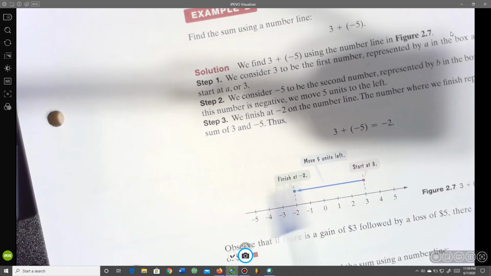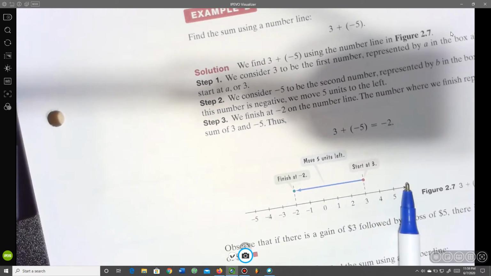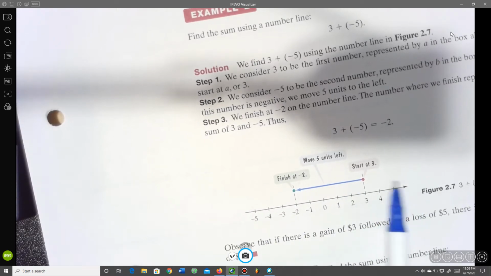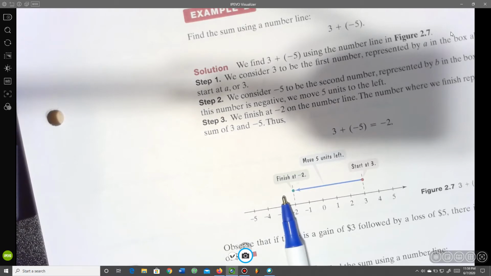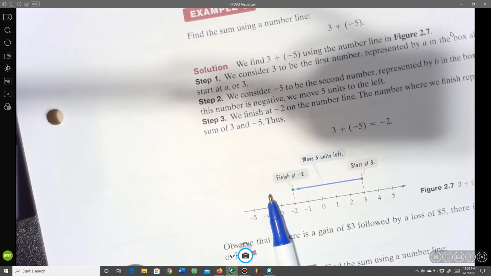That's the whole reason we use a number line, basically, because they want you to see that when you add positive and negative values, you sometimes are going to end up in the negative zone over here, or negative values.